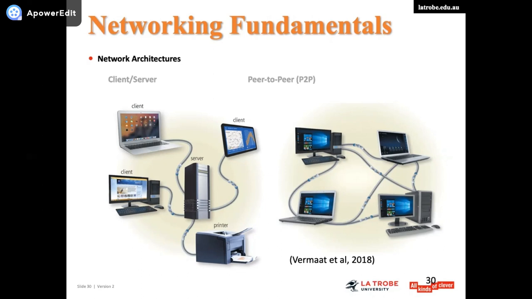And the second is the P2P network, different from the client and server mode. In a P2P network, there's no server acting as a central manager managing the whole network behavior. So that's the good thing: each computer does not need to get approval to do something in the network.